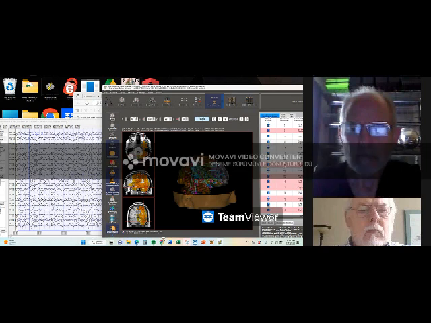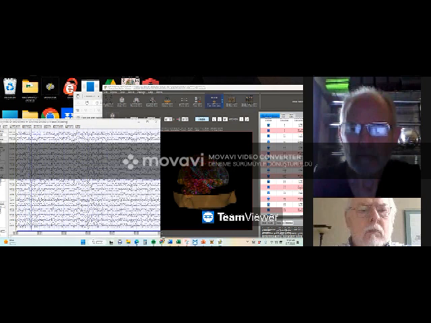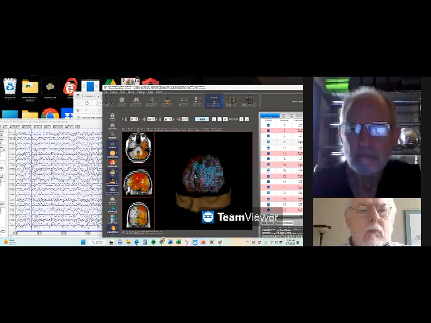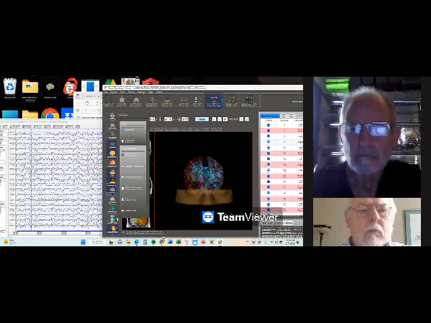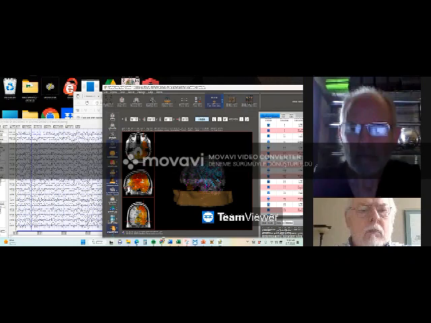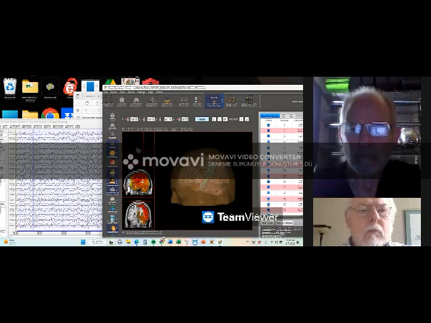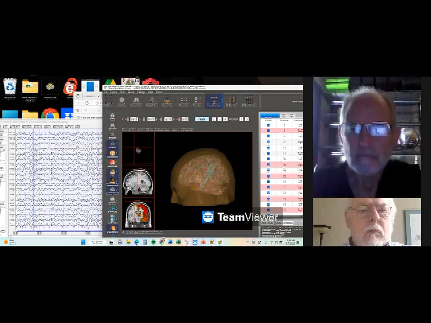And then I'm going to look at this peak here. I'm looking at coherence. And I can look at this peak. You can see it's the left temporal lobe.